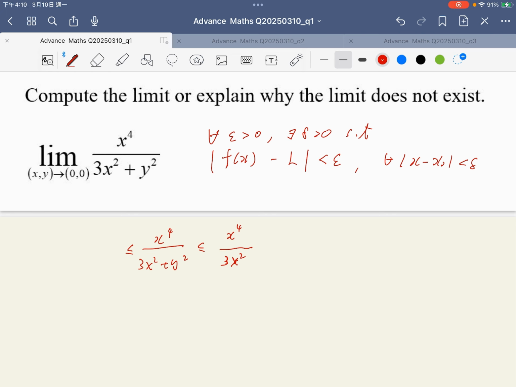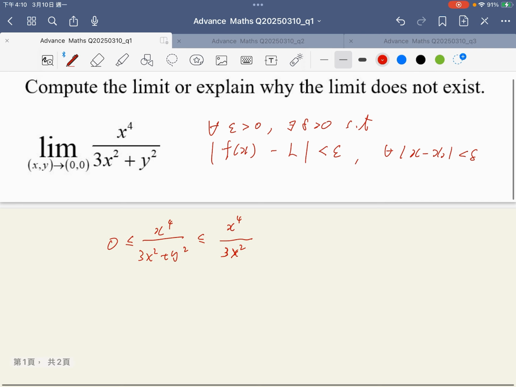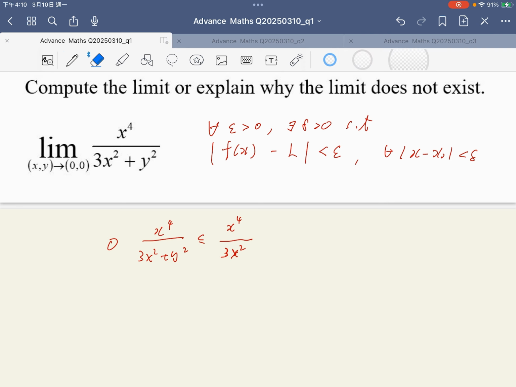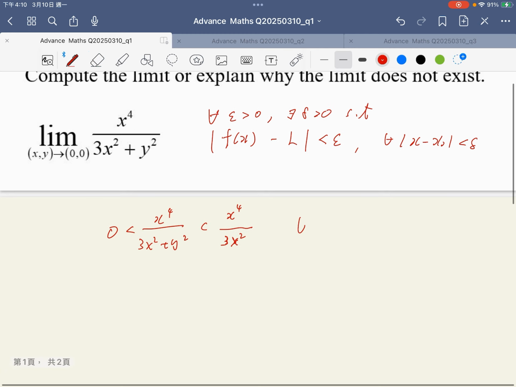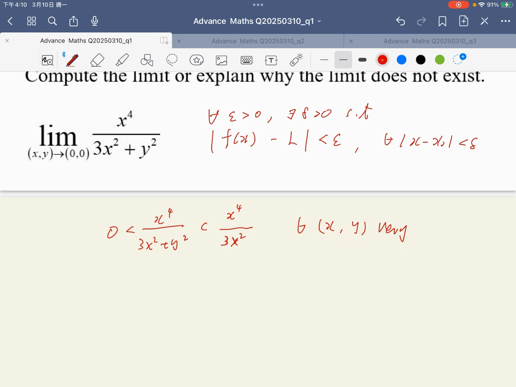When the denominator becomes smaller, the value becomes larger, and this is also greater than 0, for all x, y very close to 0, 0.